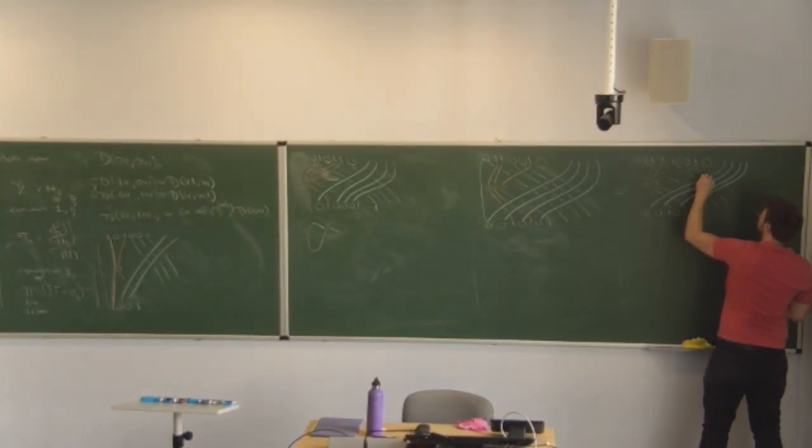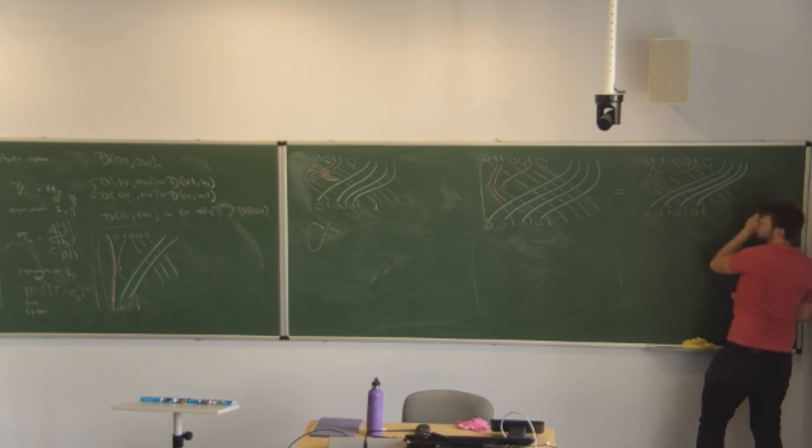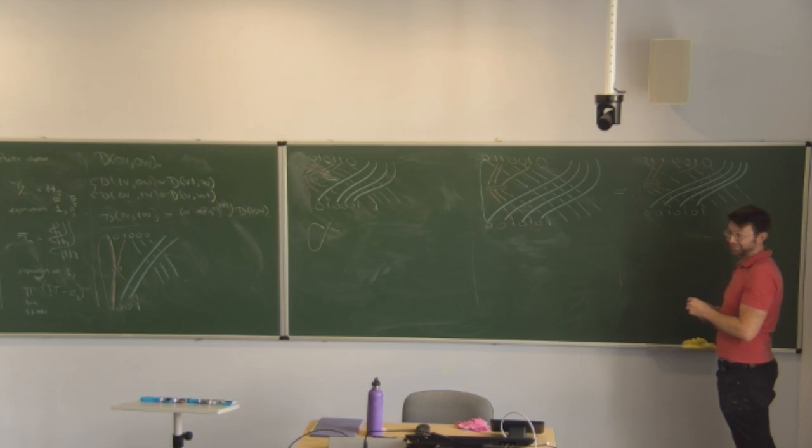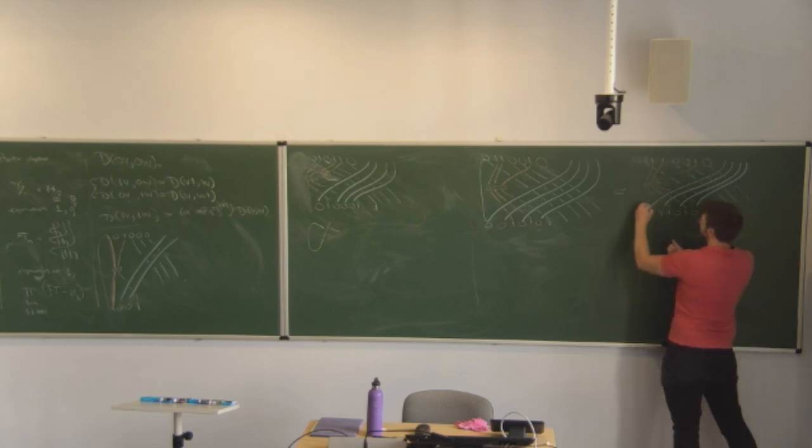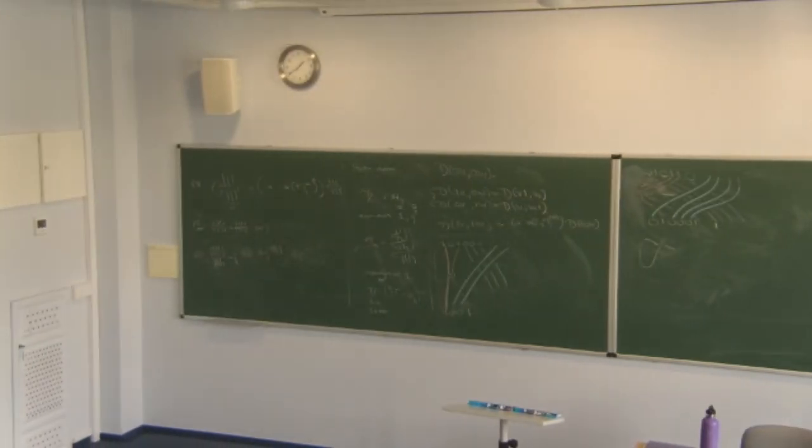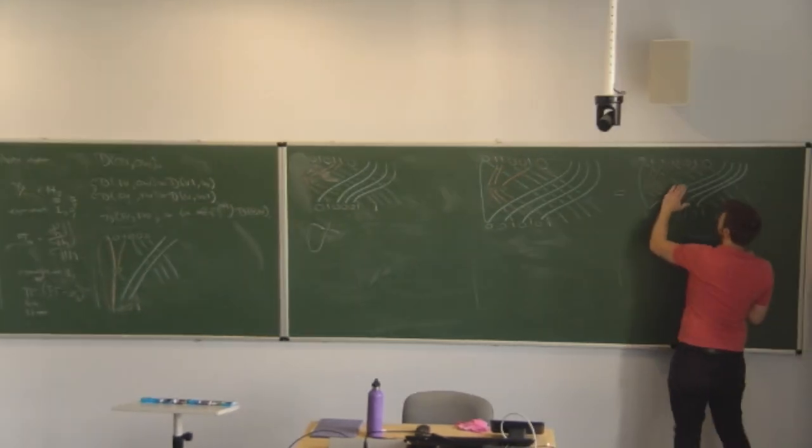This is where iPads are better than chalkboards, but that's okay, because we can copy and paste on an iPad. Okay, and then when we do the Reidemeister 1, I'll just remember the index. So we do this Reidemeister 1 move.